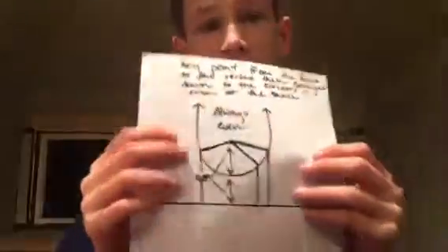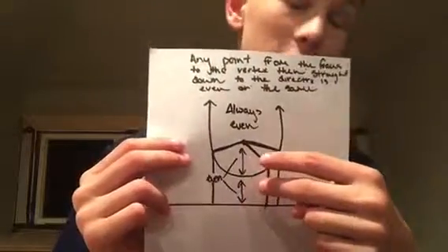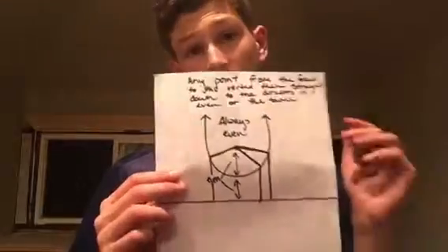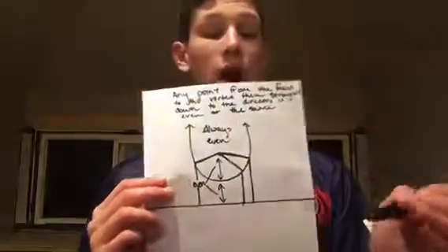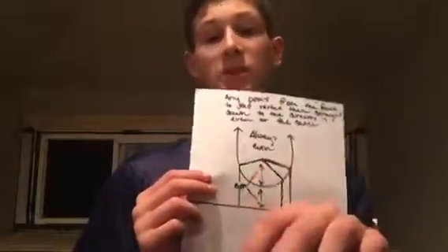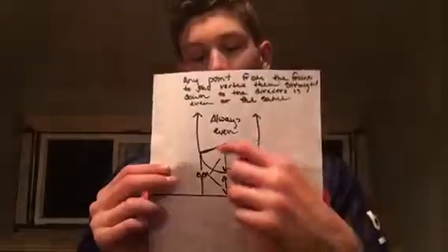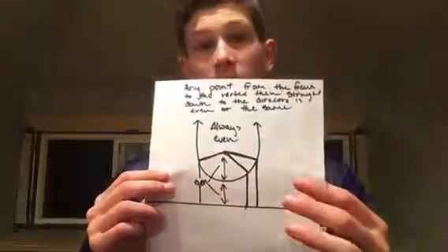Now, the focus to the vertex and then the vertex to the directrix is the same length. It's a proven fact. Although mine may not look exact, in any problem that is measured out, it's correct. So from here to here and then from here to here, that's the same length.